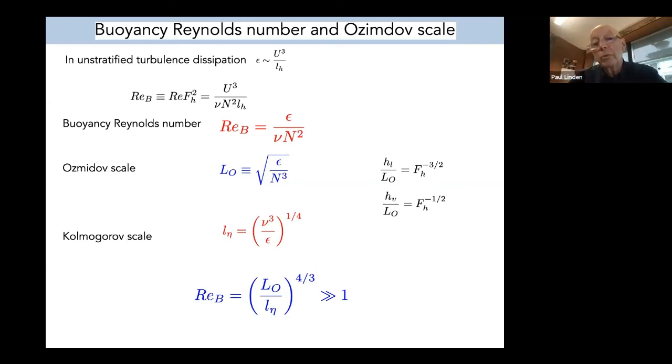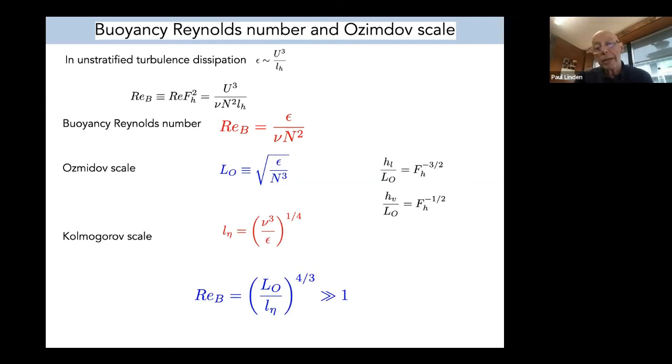So the condition that you want stratified turbulence to be vigorous, the Reynolds number being large compared to 1, tells you that there's a big ratio between the Ozmidov scale and the dissipation scale. So what we're imagining is big scales are strongly affected by stratification until you get to the Ozmidov scale, and then it doesn't really matter. And then it takes a while before you have to go to smaller and smaller scales before dissipation takes place. And that separation is important for vigorous turbulence in these systems.